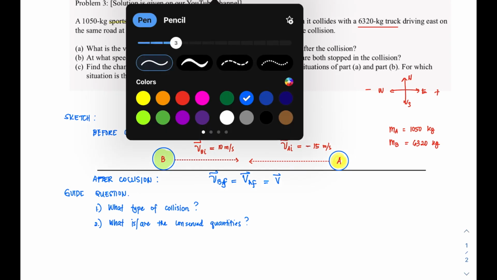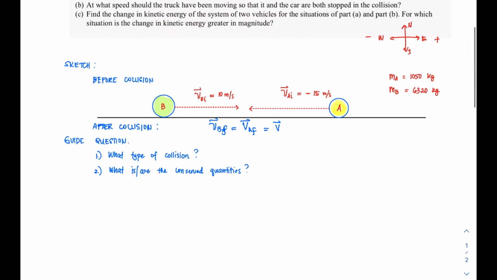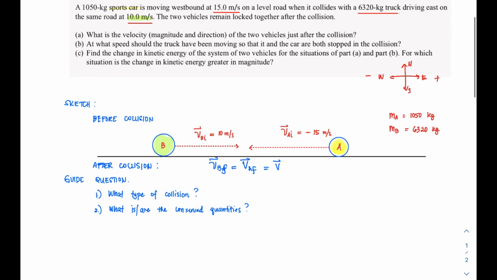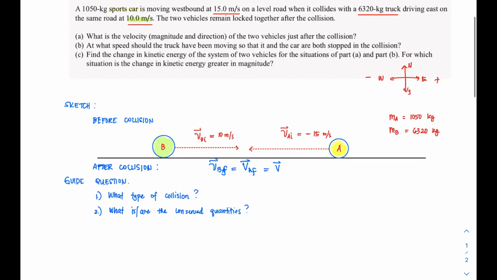So in this case, we will try to answer again these two guiding questions. What is the type of collision exhibited in the problem? Since they are locked together after the collision, they move at the same velocity.